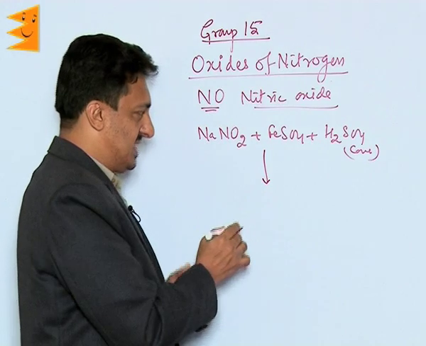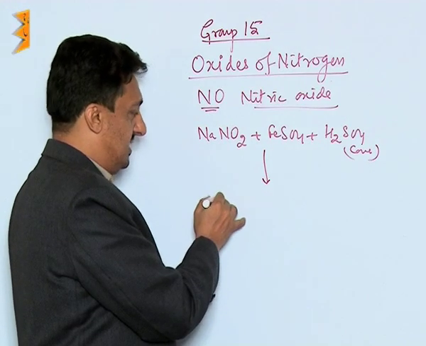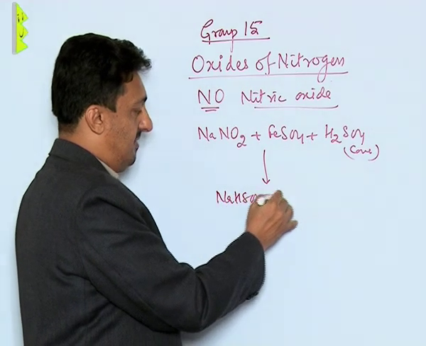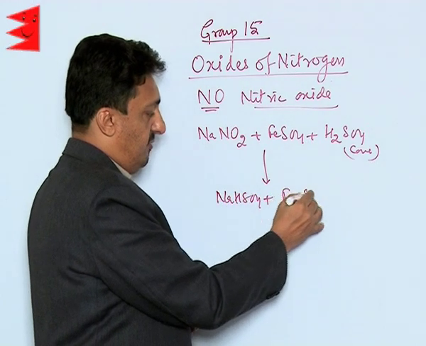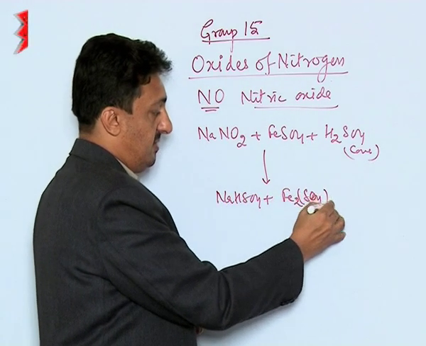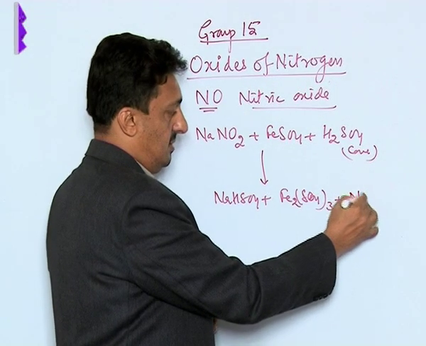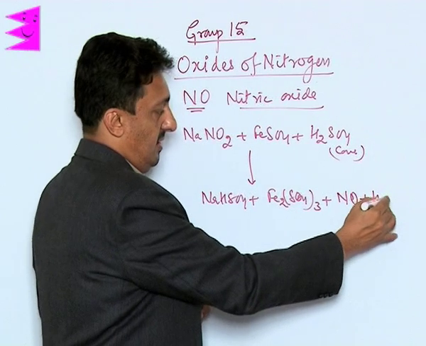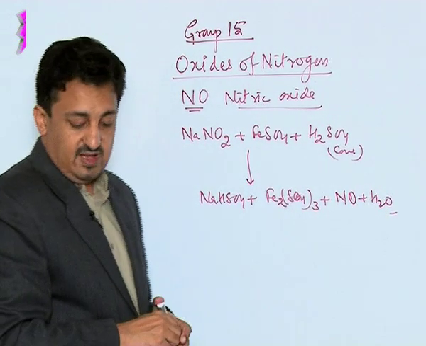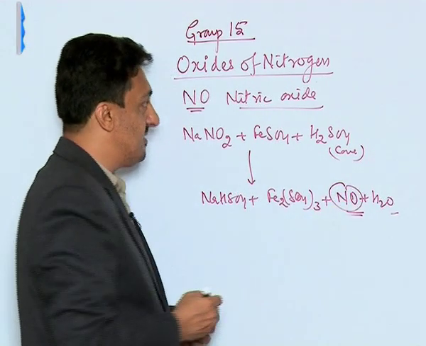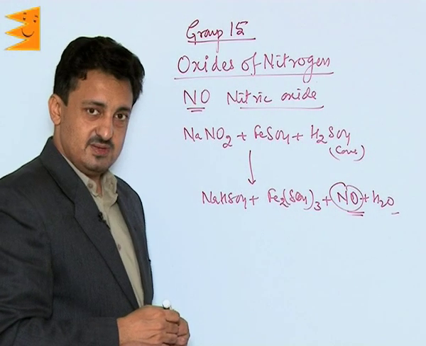What we get is NaHSO4, ferrous gets oxidized to ferric sulfate, and we get nitric oxide and water. So these are the compounds obtained, and this is how NO, nitric oxide, is obtained.